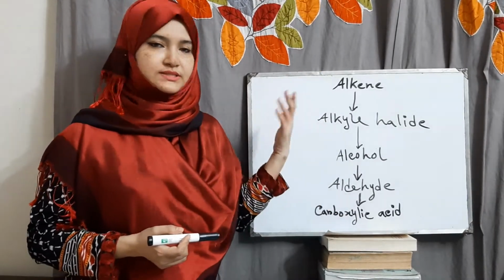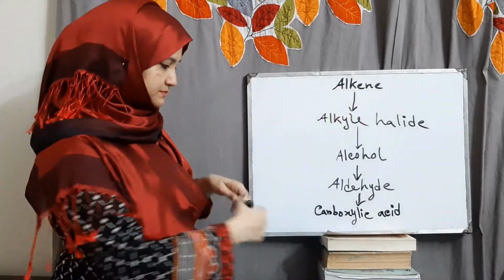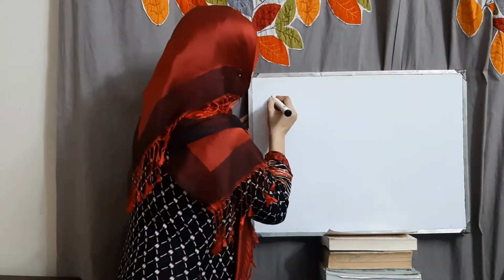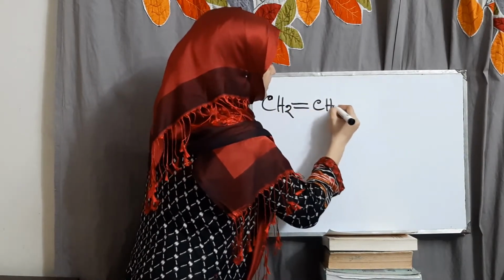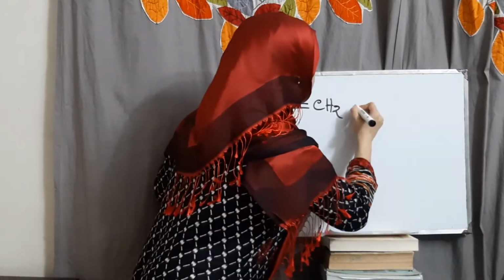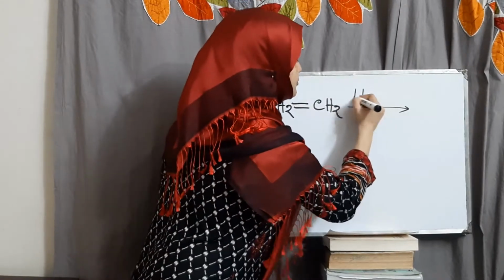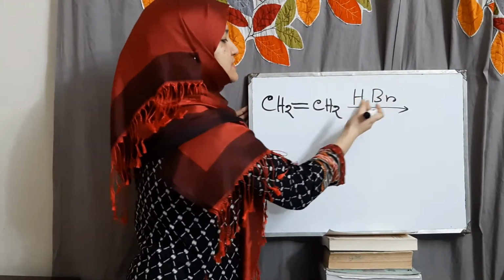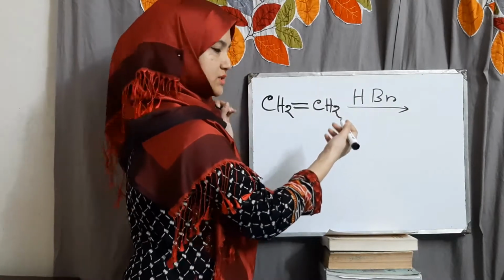Now let's see this reaction using chemical equations. Take alkene with 2 carbons, that means ethene. This ethene reacts with hydrogen bromide or hydrogen chloride, that means hydrogen halide, and then an addition reaction occurs.